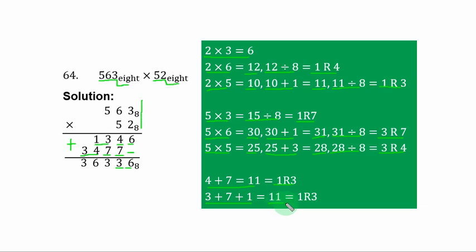You divide by 8 and you have 1 remainder 3. You write down 3 and you take 1 forward. 1 plus 4 is 5, plus the 1 you take forward, it becomes 6. 3 plus nothing, because there's nothing here, you have 3. So your result is 36336 base 8.